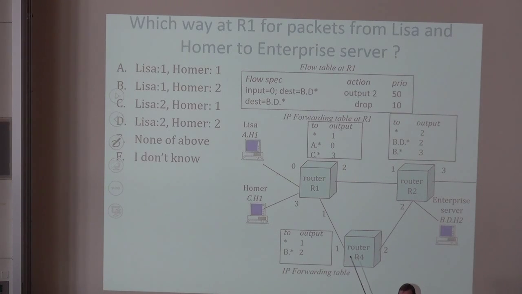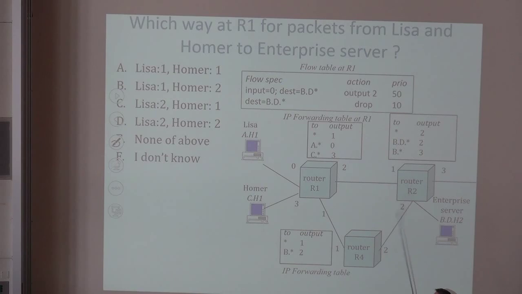That is a rule that you apply to know to which packets we should use this particular action. Then the action can be anything. For example, here it is output 2, which means this packet you should forward to output number 2. Another rule says anything with destination b.d.star, you drop.